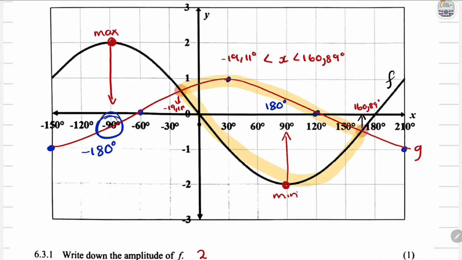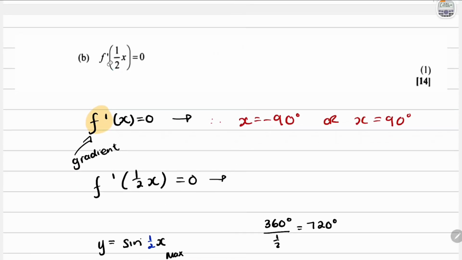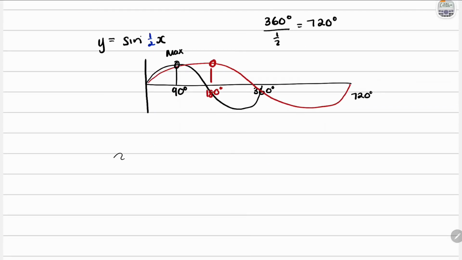So where is f prime of 1 over 2x equal to 0? Where is the gradient of this altered graph equal to 0? It's going to happen where x is equal to negative 180 degrees, or where x is equal to positive 180 degrees. Okay, I hope you guys understood that.